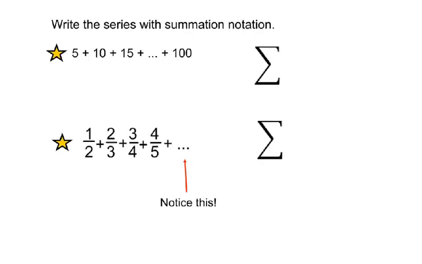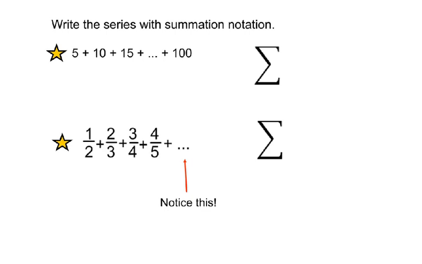We can write the series with summation notation, so we can find the series, which means adding the terms, if we have the rule. This is like when we're finding the a sub n rule. So we want to find the rule that creates each term in the series so that we can show how they would be added.